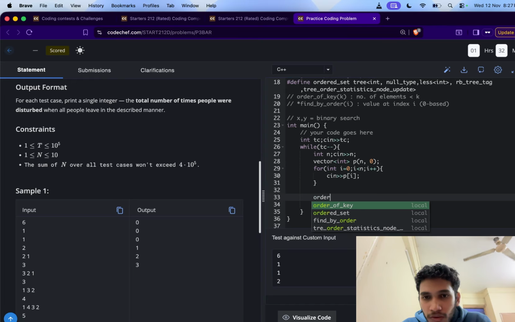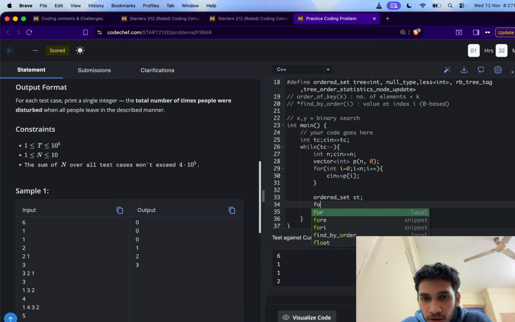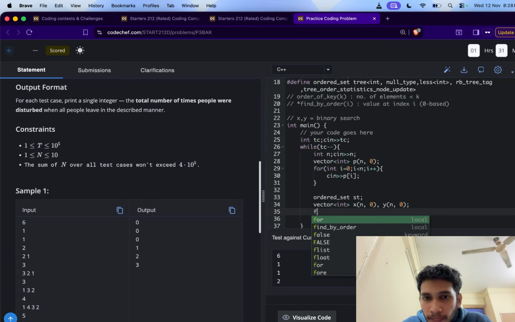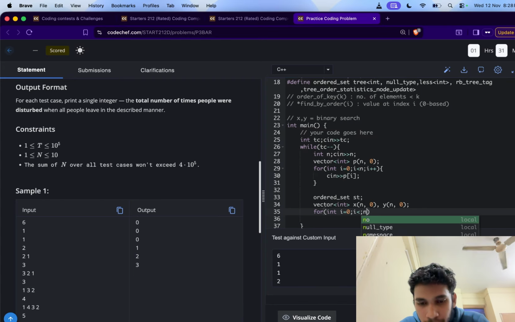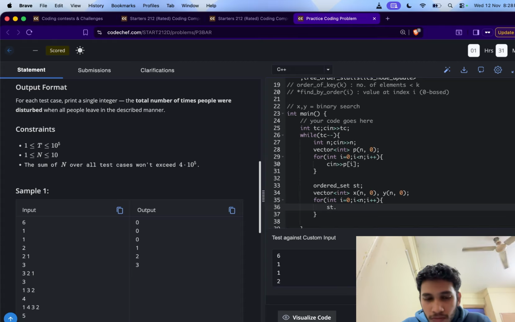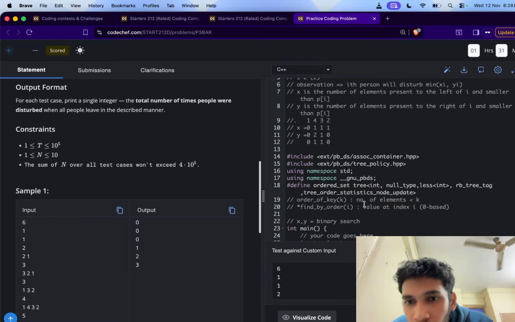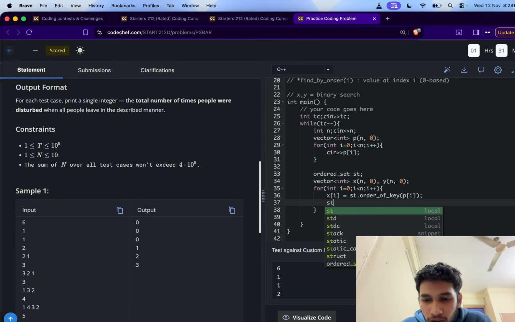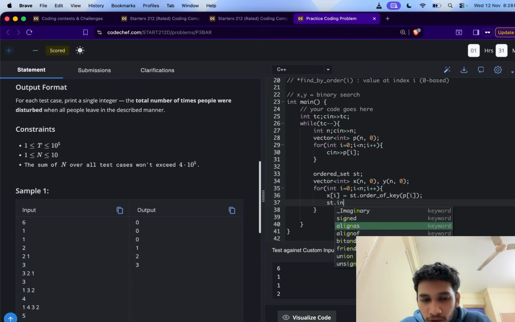Ordered set st and vectors x, y. Use order of key, which gives the result in x of i, and then we insert the current element.